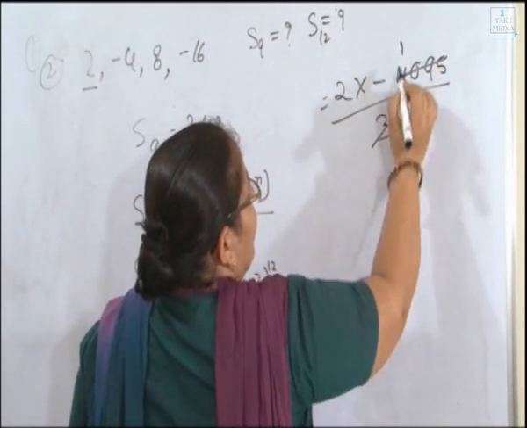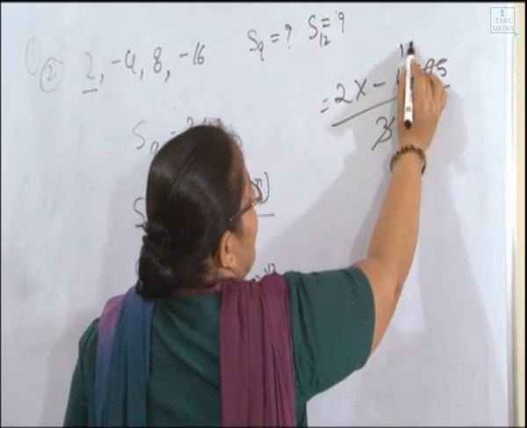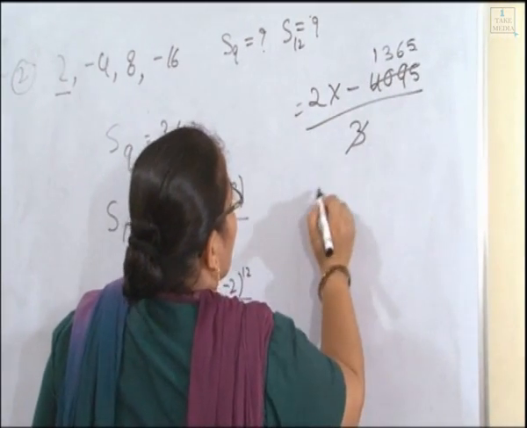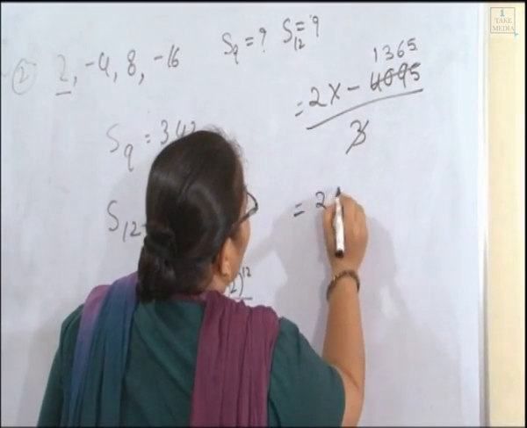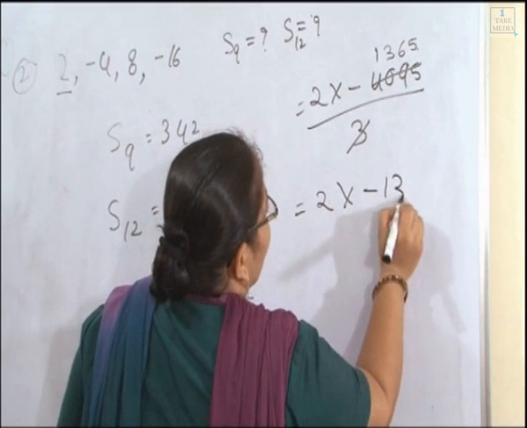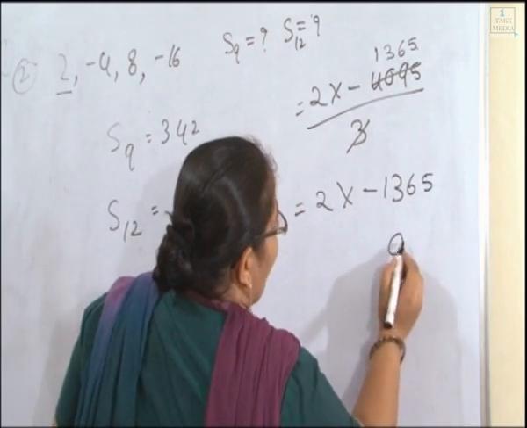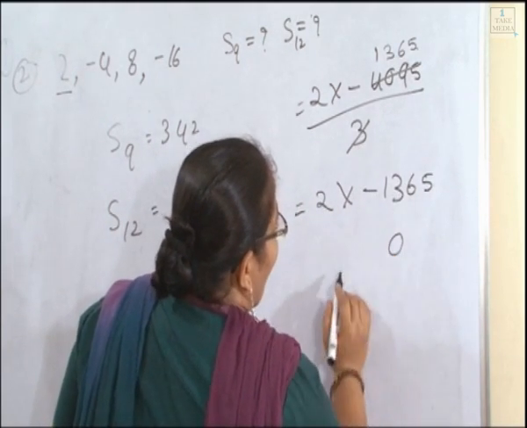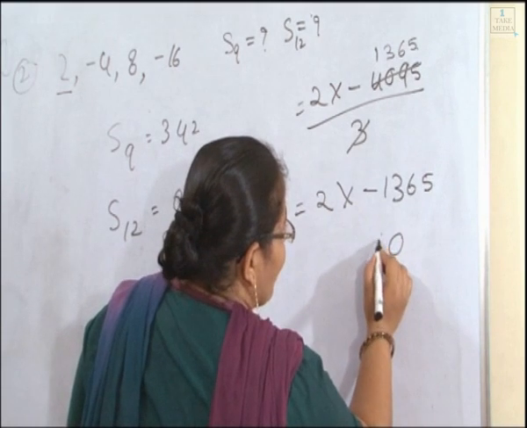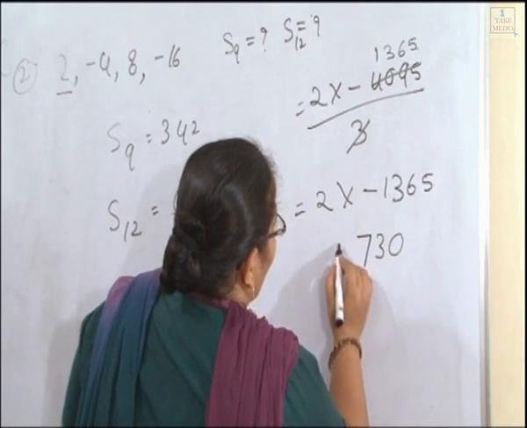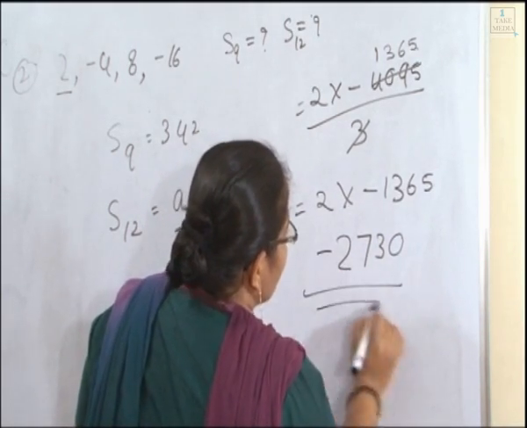So 3 ones are 3, the remainder is 1, 3 threes are 9, 3 sixes are 18, and 3 fives are 15. So it will come 2 multiplied by minus 1365. So 2 fives are 10, 0 carry 1, 2 sixes are 12, 12 and 1 is 13, 3 carry 1, 2 threes are 6 and 1 is 7, and 2 ones are 2. The answer comes this.